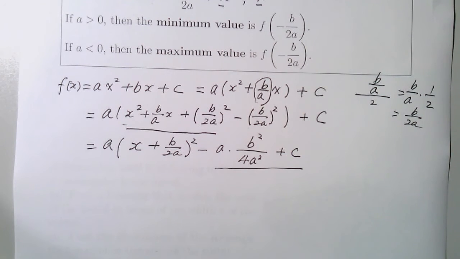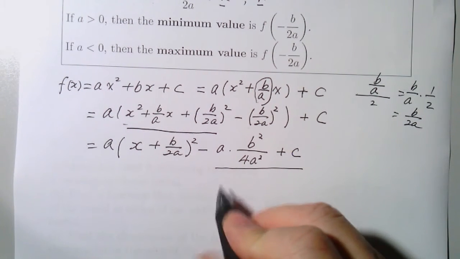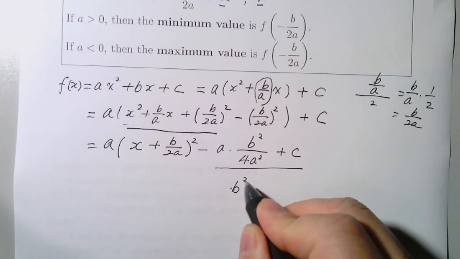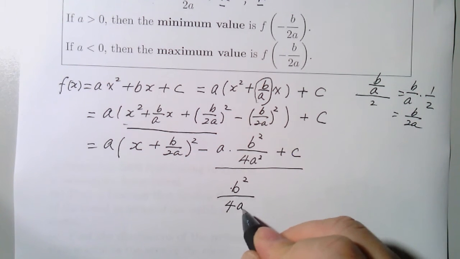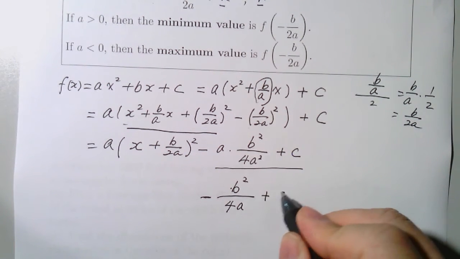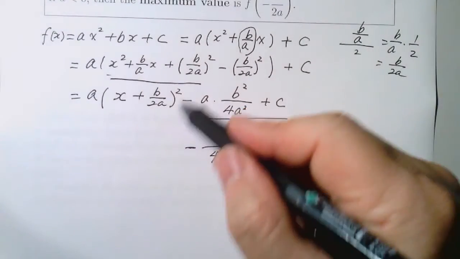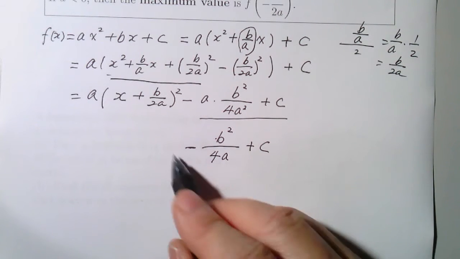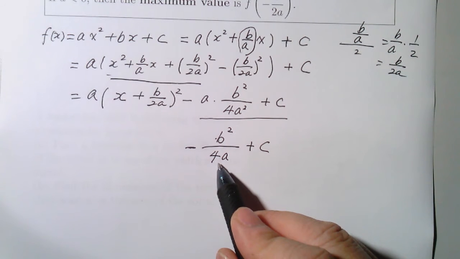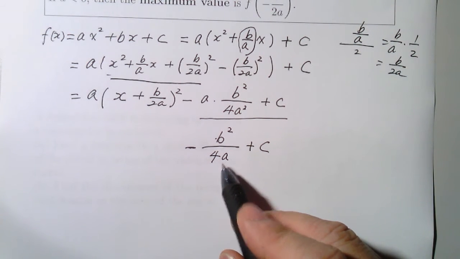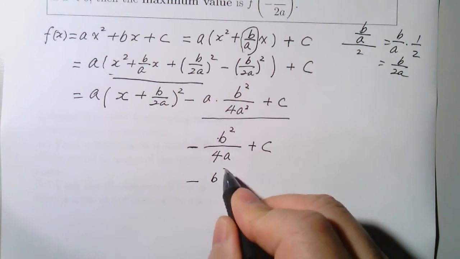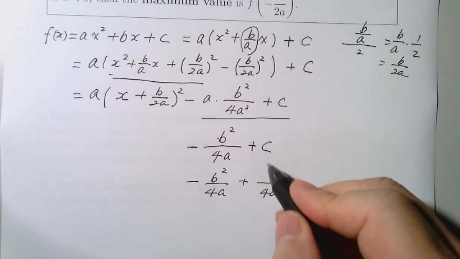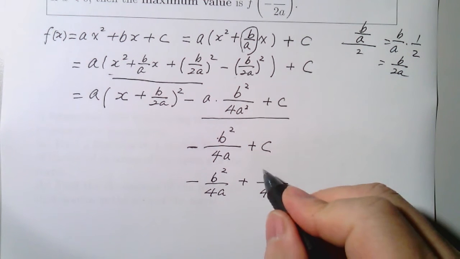The a reduces, so here you have b squared divided by 4a, and plus c. If we combine these two, we need a common denominator, which is 4a. So we write negative b squared over 4a plus 4ac over 4a.